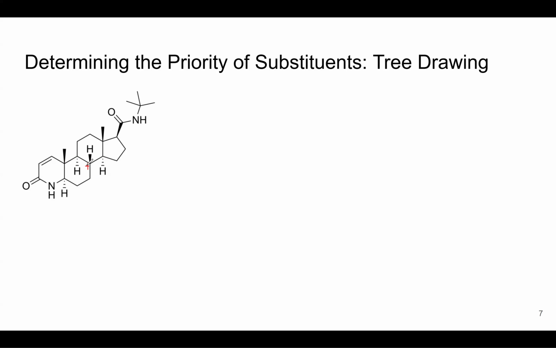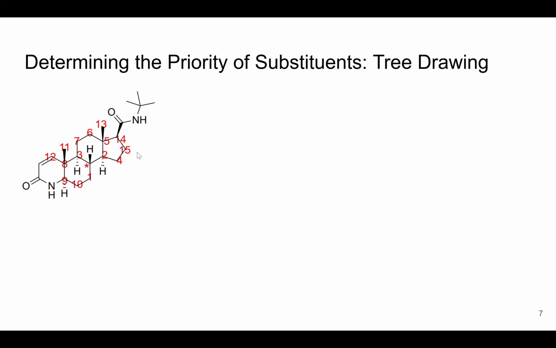But we're not going to be very concerned about chirality here because we're going to talk about how we assign priorities. So the first thing we need to do is to label all the atoms near this carbon center that we're interested in, which I labeled with an asterisk. So we are going to number all the carbons near it.